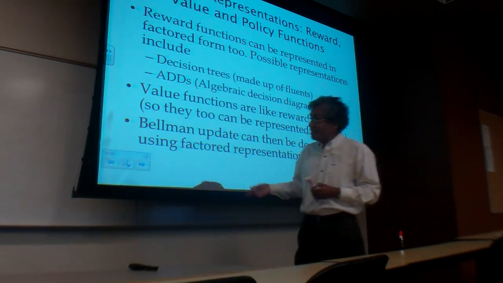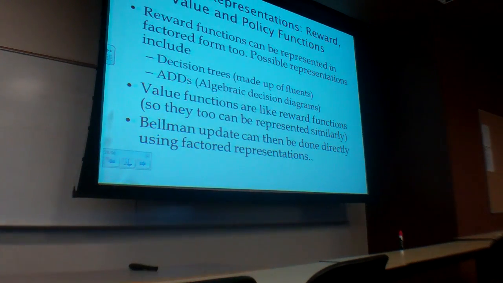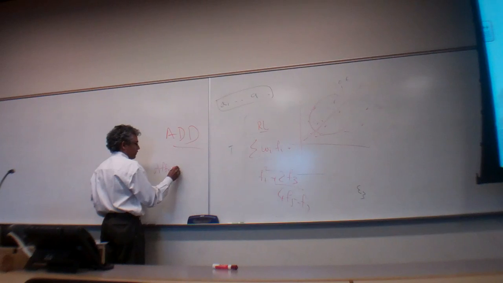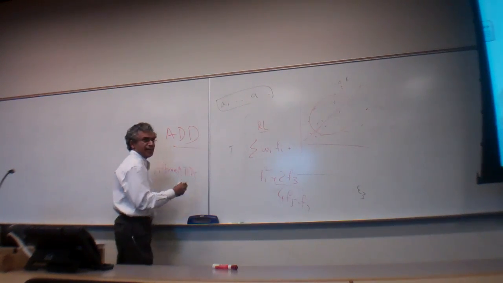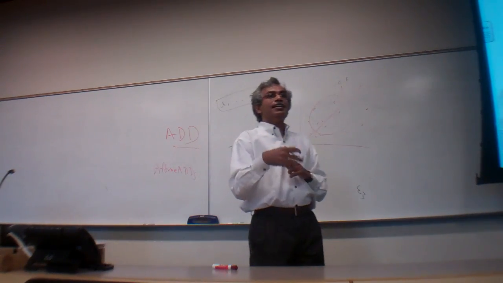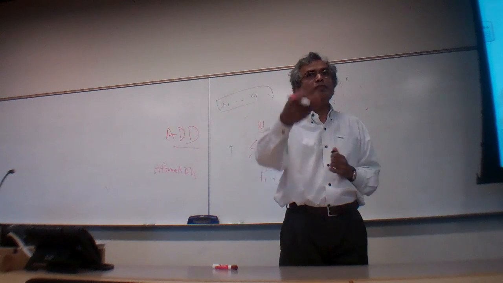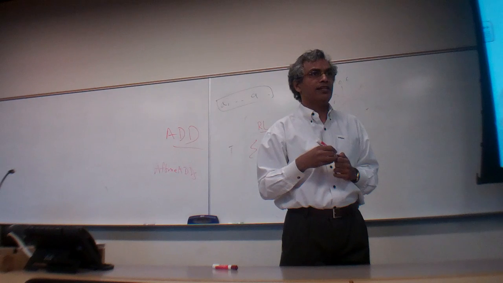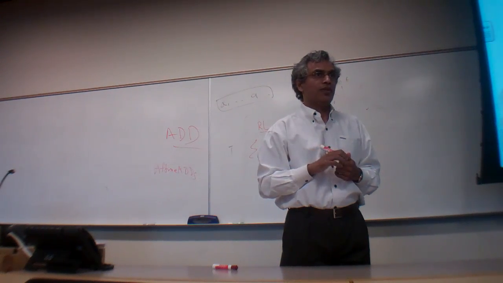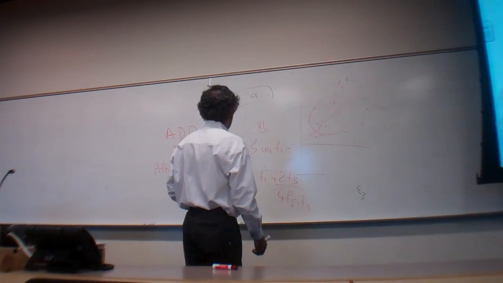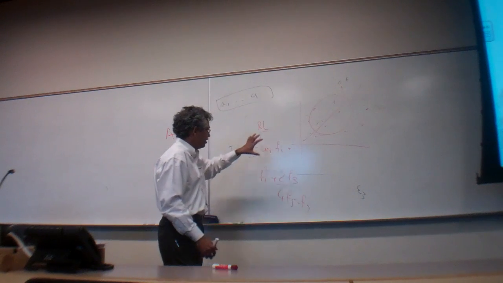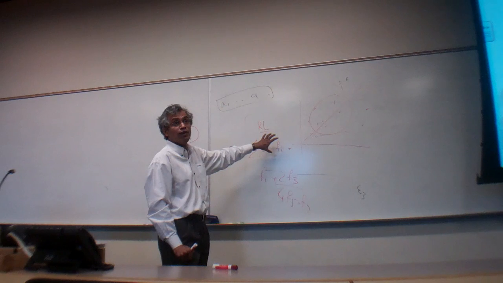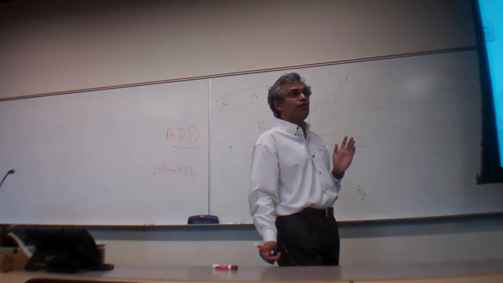There is a form of ADDs called affine ADDs, which are more special ADDs, where the bottom value is a sum of the feature values that led you to that particular leaf. That straddles the biases between a simple linear feature-based value function and an ADD-based value function.